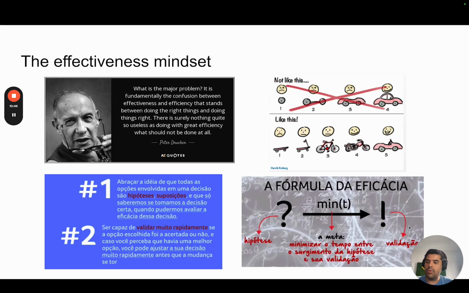That's how you embrace the effectiveness mindset, right? You accept that you're going to miss the target, and then you organize your life, your process, your practices, your mind, right, around the fact that, okay, I'm going to miss. How do I make it so that I miss fast enough and I can quickly correct my aim so I can start to hit the target, right? That's the effectiveness mindset. All right.